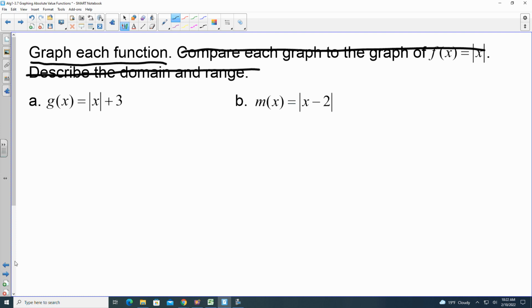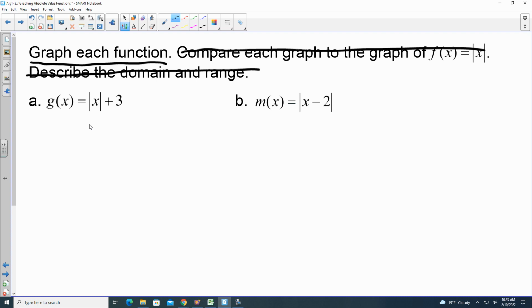And so looking at these two examples, I've got g of x is equal to the absolute value of x plus 3. And for part B, m of x is equal to the absolute value of x minus 2. The one thing you have to keep in mind is what is being considered within the absolute value.